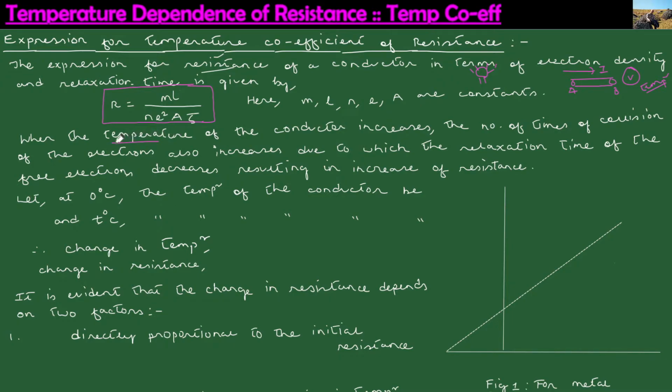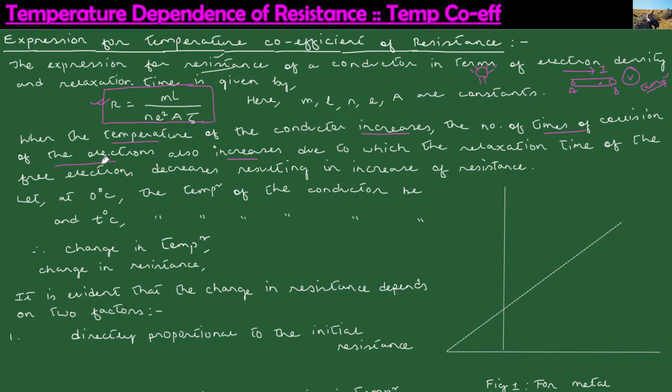So this temperature, which is dissipated on all electrical conductors or appliances, should be associated with what? With resistance. It is also experimentally found that when the temperature of the conductor increases, the number of collisions of all those electrons also increases.